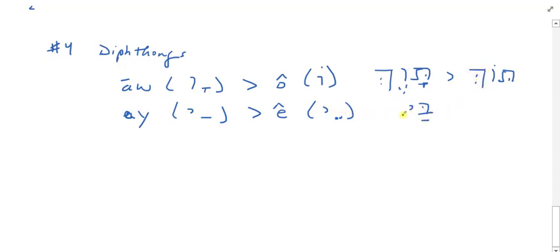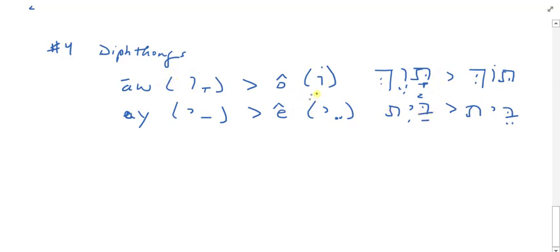Bayit can become beit, where I get a tsere yod instead of the patach yod. So I told you back then, you don't really know why this happens, just know that it happens. Well, here in this chapter, we understand why it happens and when it happens.